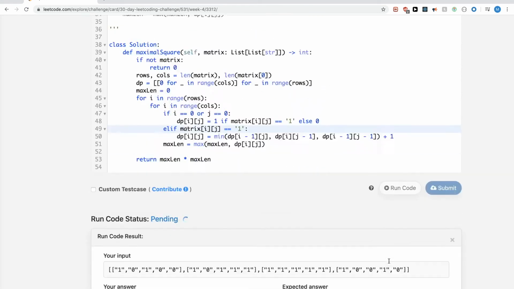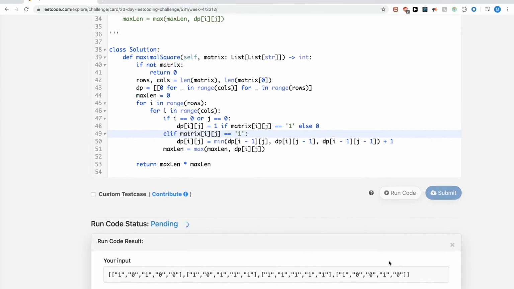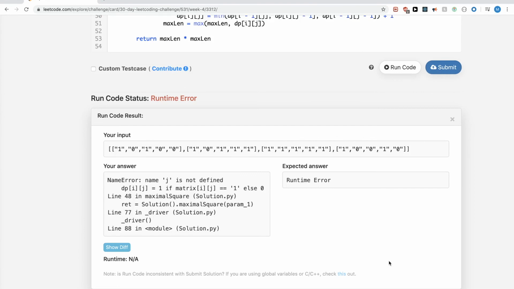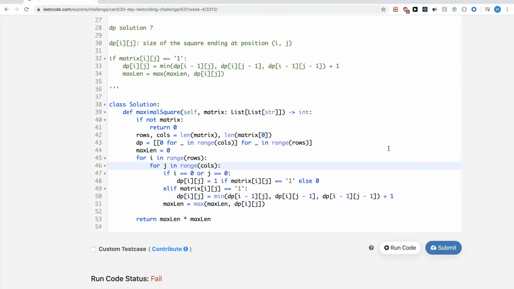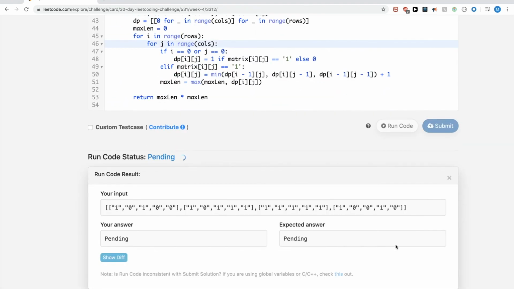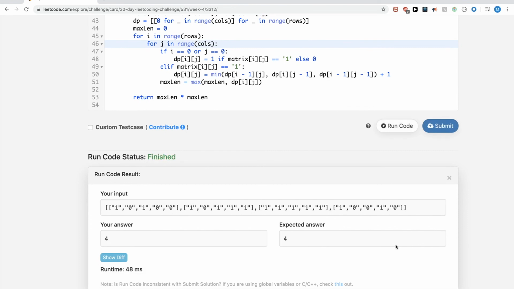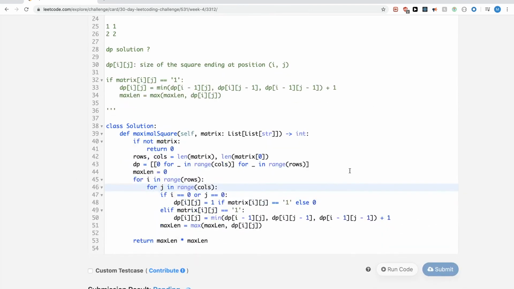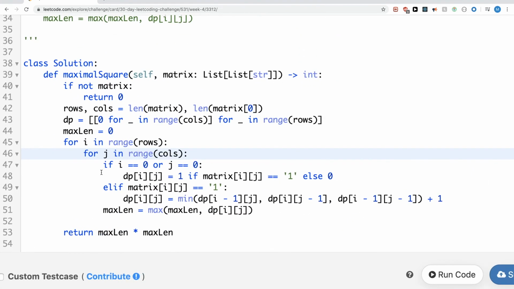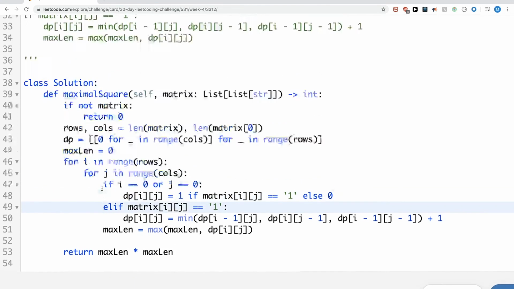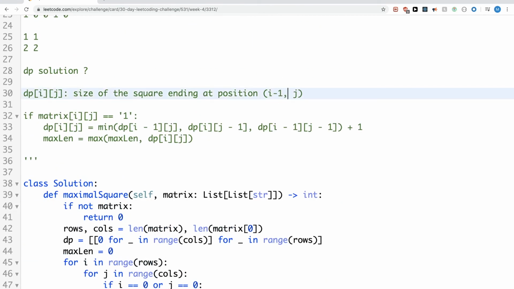And so let's run this. Okay, looks good. Let's submit. Okay, so that's accepted. One slight modification I can make is to simplify this condition by changing my state, so that it ends at j minus 1, i minus 1, j minus 1.